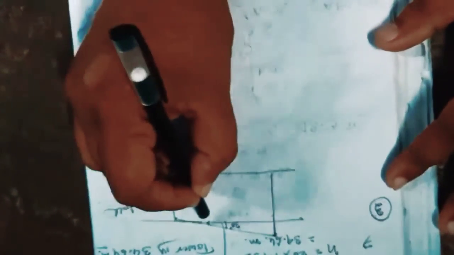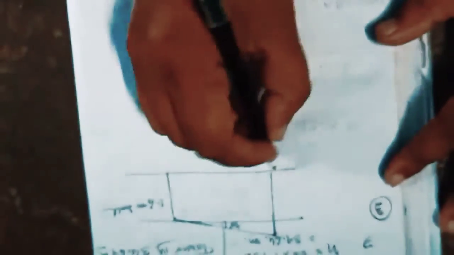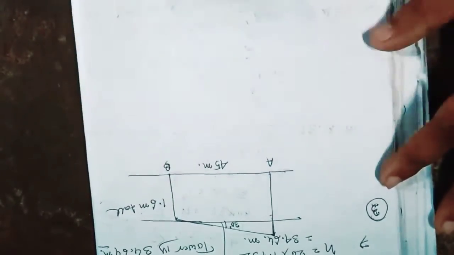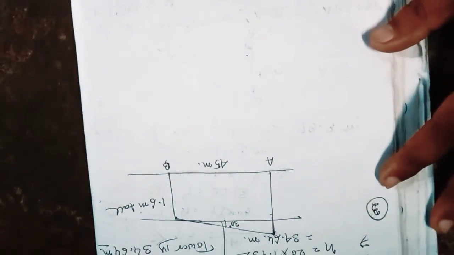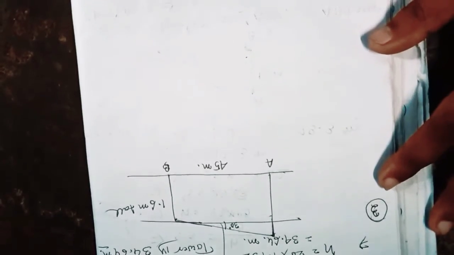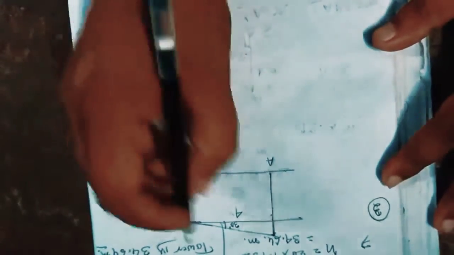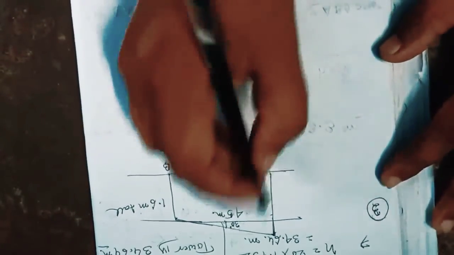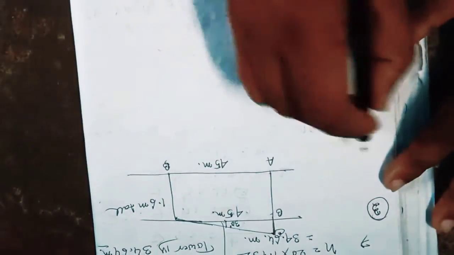This is not the proper picture. So here this is A, this is B, and this is 45 meters. This is the observer's height, and the height of the tower is not given here. The angle of elevation is 30 degrees. So obviously this is also 45 meters.